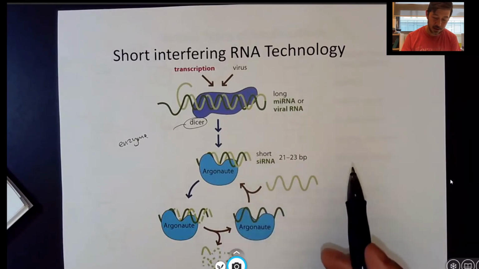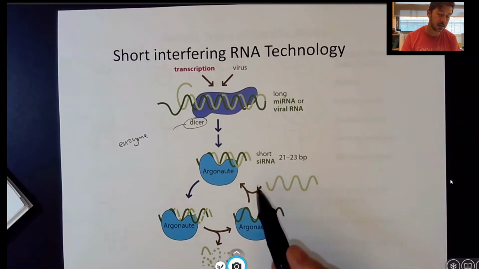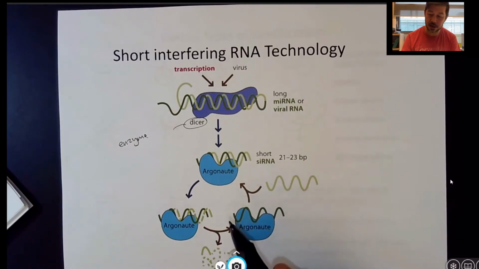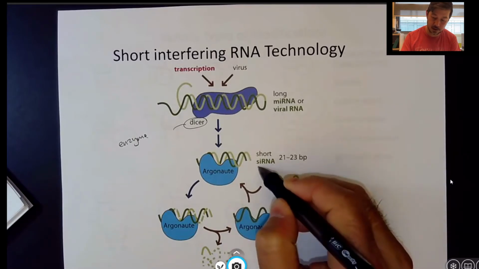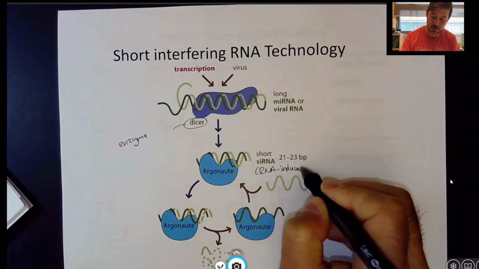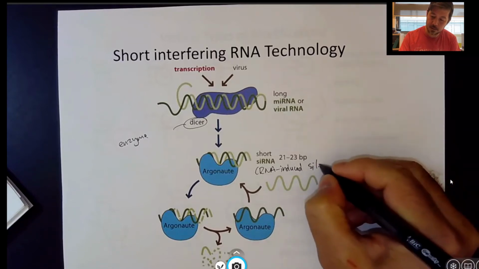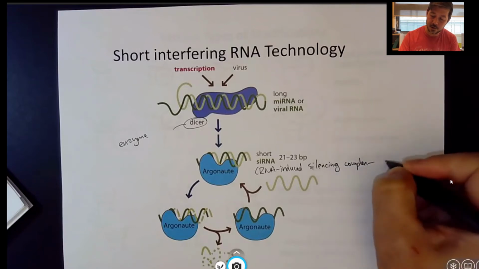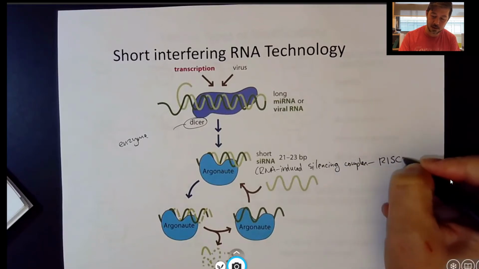And what can happen is that these siRNAs are a substrate for something called the RNA-induced silencing complex, also abbreviated as RISC.